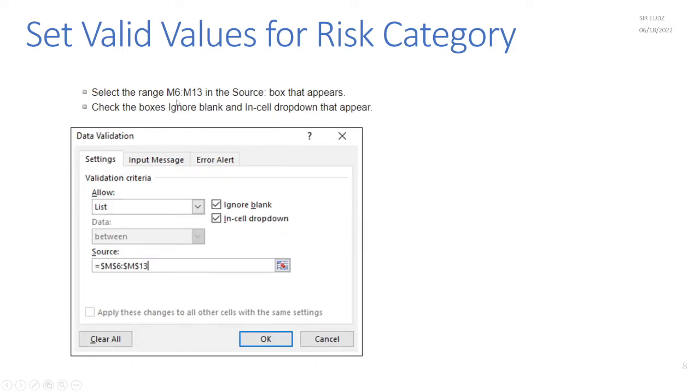Select the range M6 to M13. In the Source box, you can click on this and then select the source M6 to M13. And then check the boxes Ignore blank and In-cell dropdown.